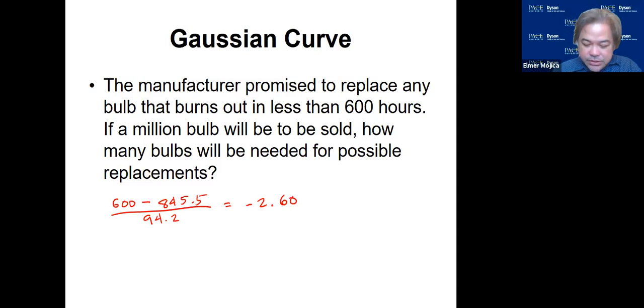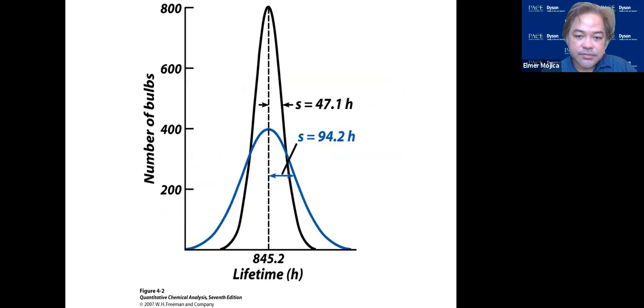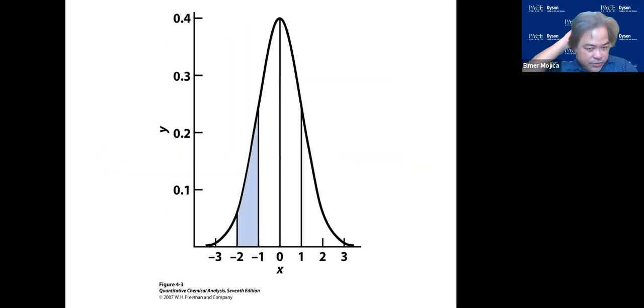Okay, so what does this C equals to 2.60 represent? So if we're going to look at here, 2.60 refers to the area that you have here, and that's the area or the population that represents less than 600 hours.